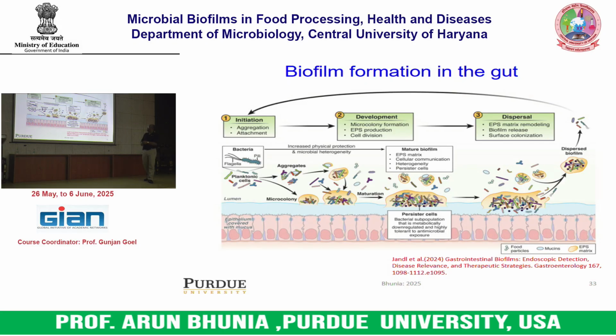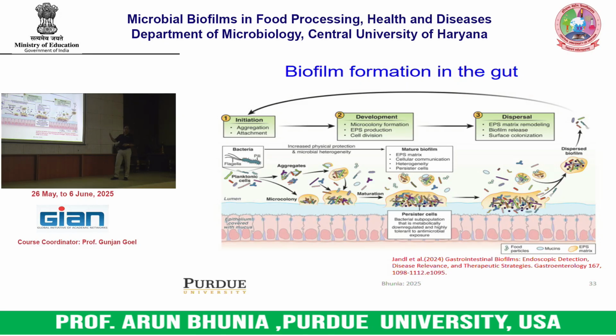So they also start the same way on the mucus layer. This is the epithelial layer. This is the mucus layer. This is the lumen. So you have planktonic cells, right? They find a group, they form a microcolony, and eventually they mature, and then they disperse, right? And so this biofilm formation is pretty similar to what we talked about this morning. And then it's dispersed, and then can start again.